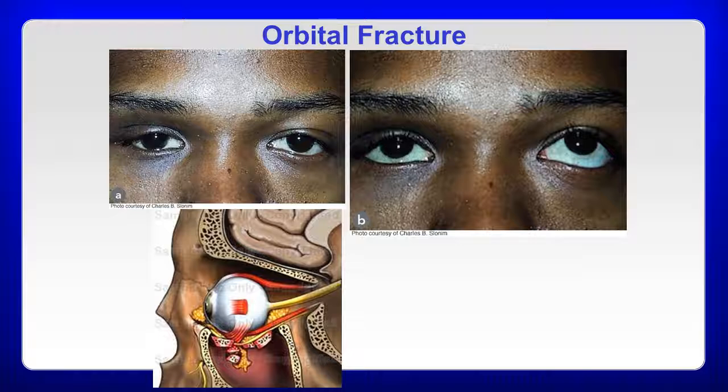So again, the most common thing you would see with an orbital blowout fracture is the inability to look up, because the orbital floor breaks and entraps that muscle, not allowing it to lengthen as the person moves up, and then they'll typically complain of double vision because the eyes are not moving synchronously with one another.